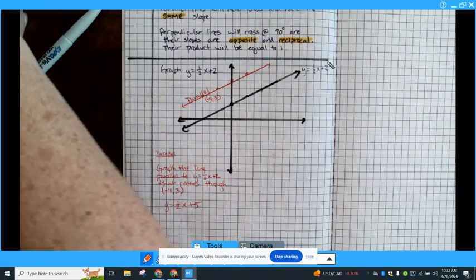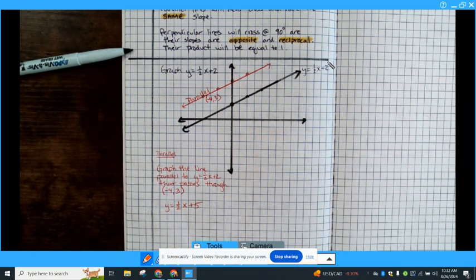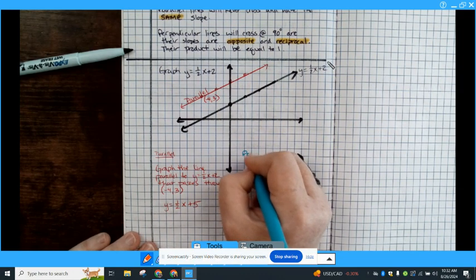Okay, now I'm going to do the perpendicular line. I'm going to do it in blue. So perpendicular.